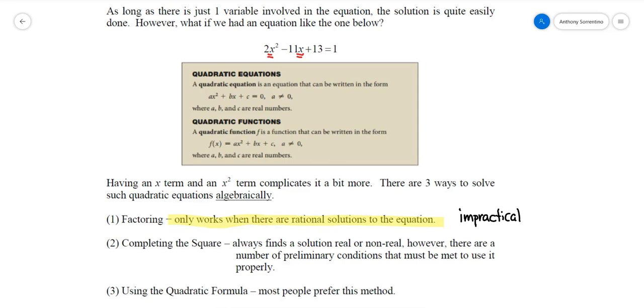Completing the square is good because it always finds a solution, real or non-real, rational or irrational. However, most people find it complicated. And it's complicated because there's a lot of rules that have to be used for it. Again, I'm going to go through it.